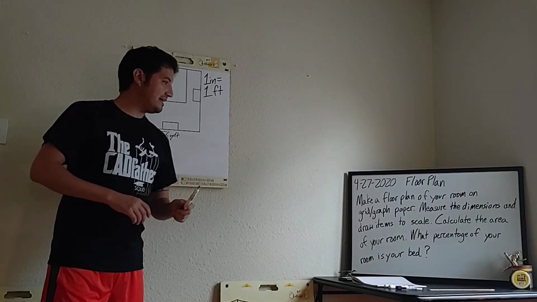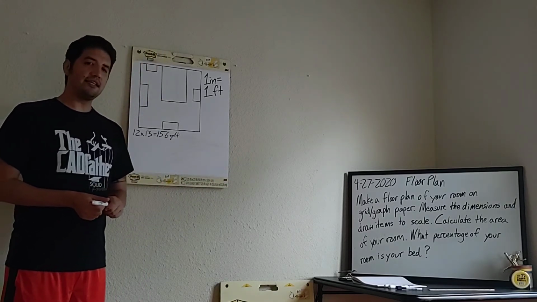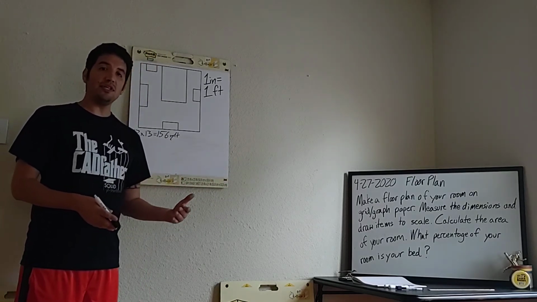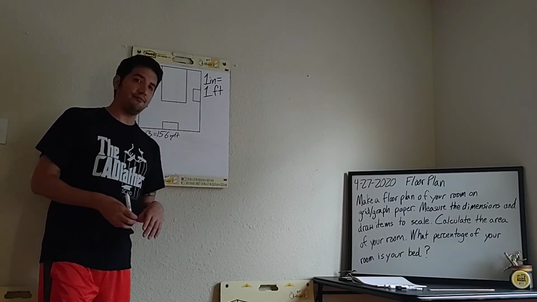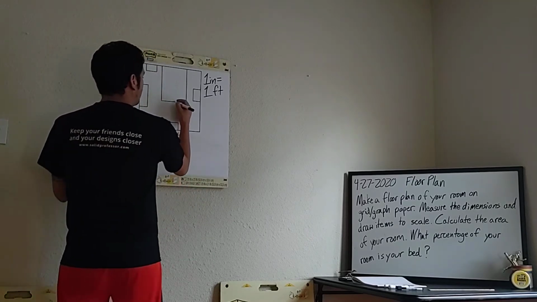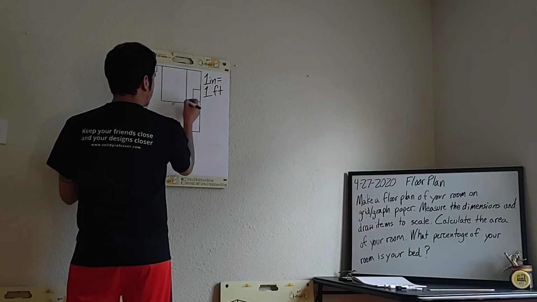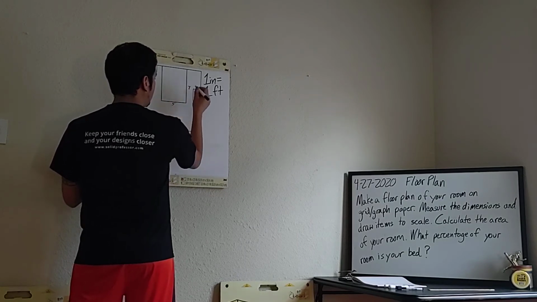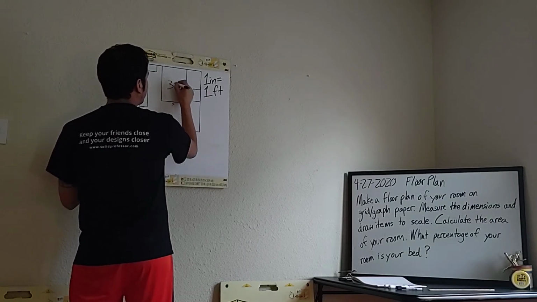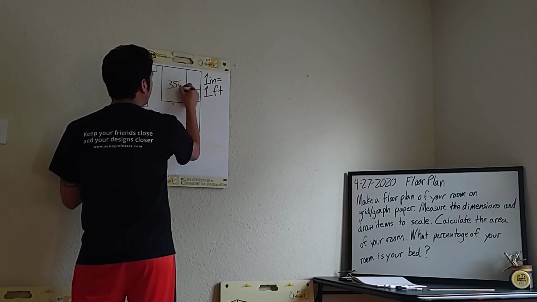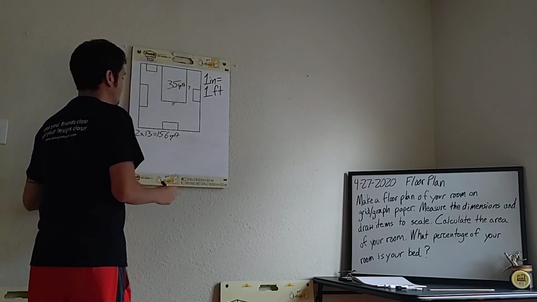And now for the last part of our activity, we're going to be figuring out what the percentage of our beds are. And when I did my measurement of my bed, I found that it was 5 feet by 7 feet, which gave me an area of 35 square feet.